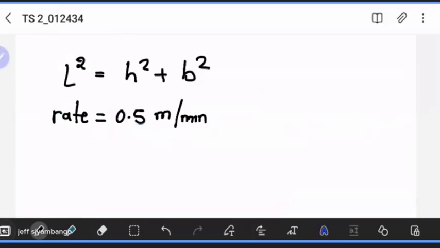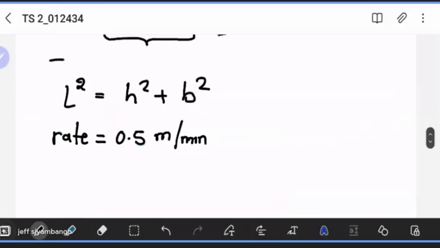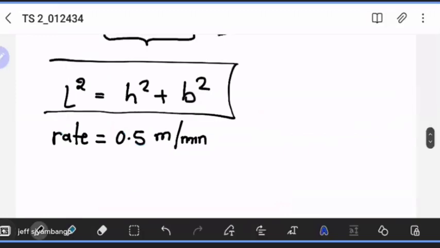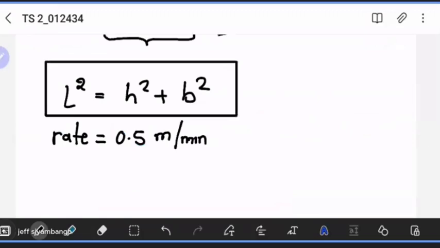Now, what we will do here, once we have the relationship between our dimensions, we're going to get the derivative. We know in the end, we're going to get the rate of change, how fast something is being pulled. But before we get there, we're going to differentiate this implicitly. I hope you guys remember how we conducted implicit differentiation.